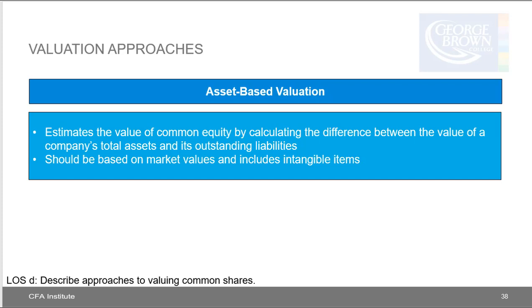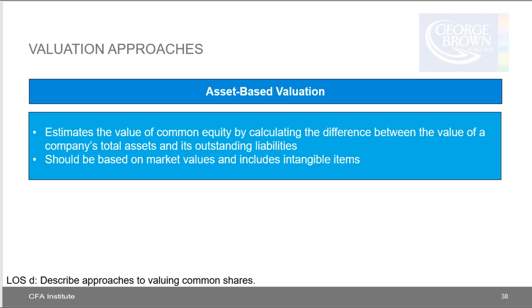But the values of some assets on the balance sheet, as we learned in the chapter on financial statements, are based on historical cost, and the actual market value of these assets may be very different. For example, the value of land on a company's balance sheet is typically carried at historical cost and is never depreciated. It may be quite different from its current market value.